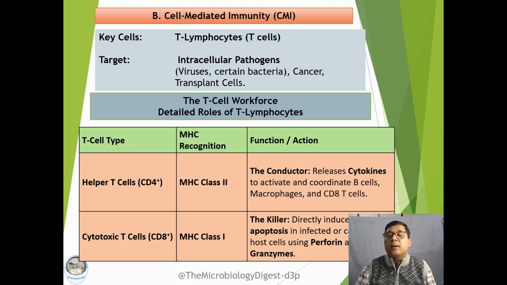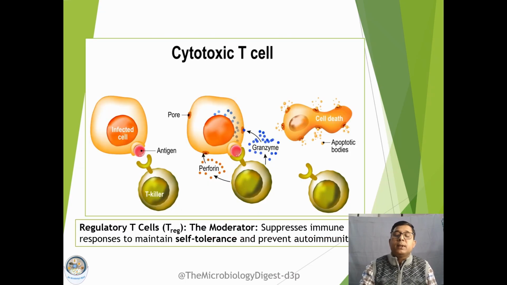They in turn release different types of cytokines, and there will be cytotoxic killing of the pathogens by cytotoxic T cells. So this is how the cytotoxic T cell works.